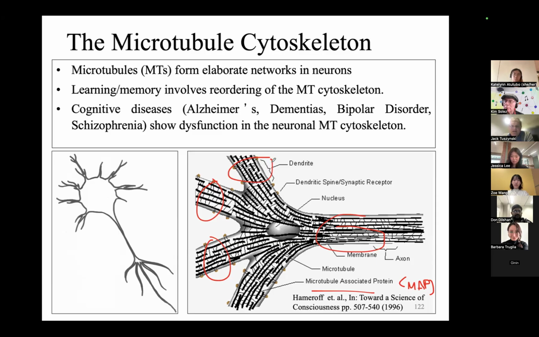But in dendrites, it's pluses and minuses alternating with the neighboring microtubules, and the suspicion is because motor proteins, as some of you may know, move unidirectionally in a processive motion. So kinesins all move on microtubules to the plus end, dynein to the minus end.